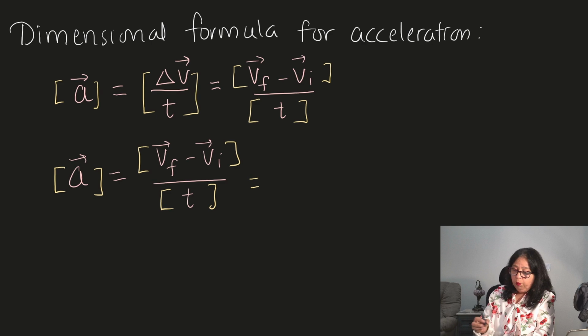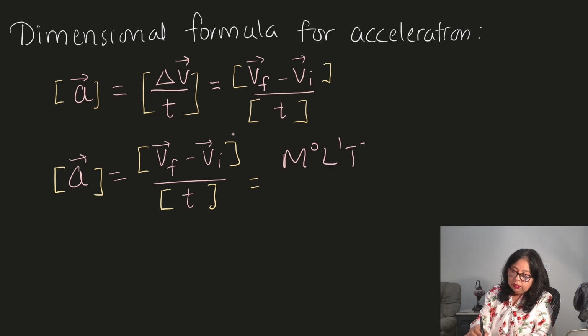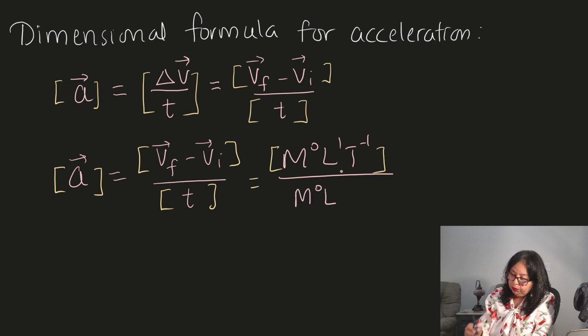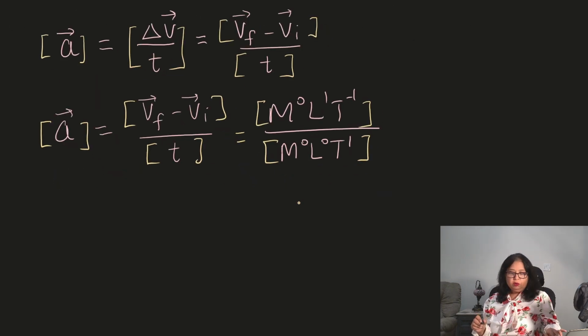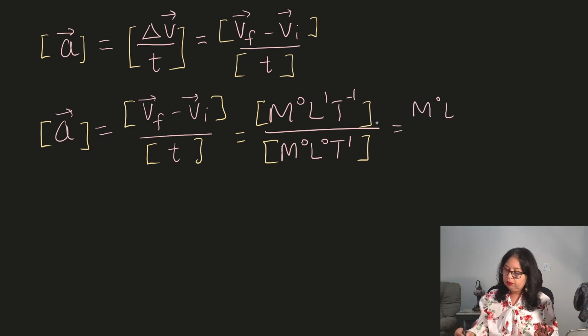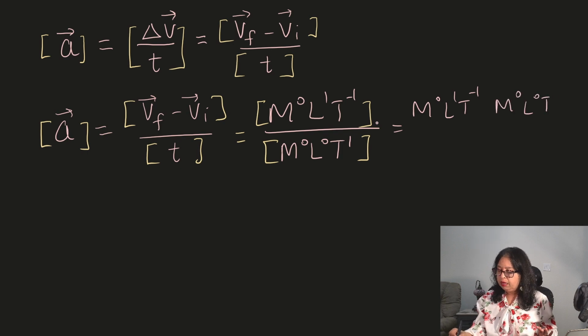So we have already determined the dimensional formula for velocity, and that was m0 L1 T minus 1. Remember that? We just did it. Divided by the dimensional formula for time, which is m0 L0 T1. So at this point now, it's up to you, however you want to do it. You can write this as m0 L1 T minus 1 over m0 L0 T1.